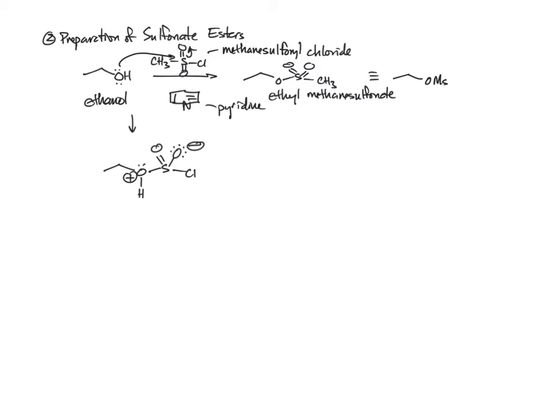So here is what happens. Oxygen attacks this sulfur. We break a pi bond. We're now at this intermediate. We're going to go ahead and show this collapsing. So this is essentially elimination because we're reforming that pi bond.